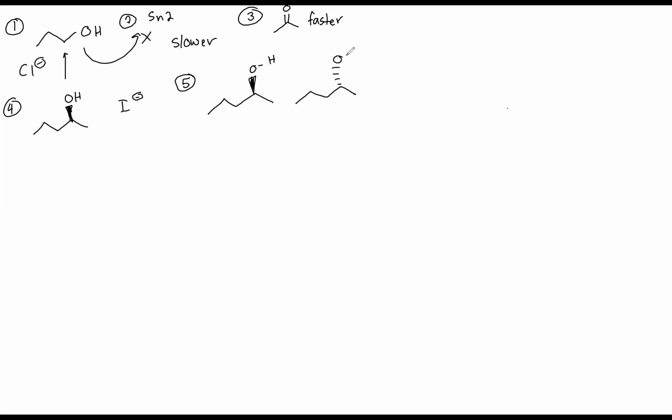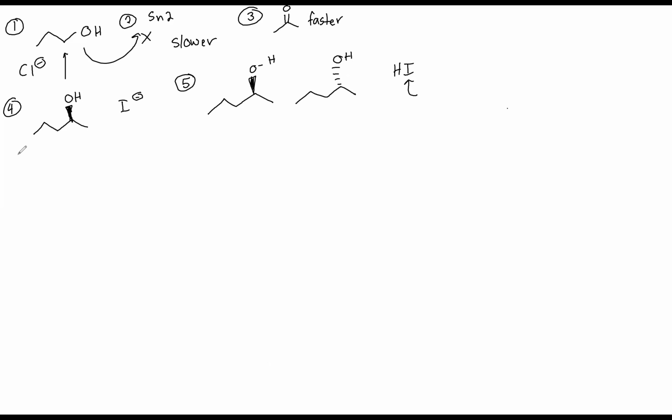Okay? And then also HI, because iodine did the deprotonation, so we end up with HI. Of course, these 2 products are generally more important, and they're probably what's going to be asked about.